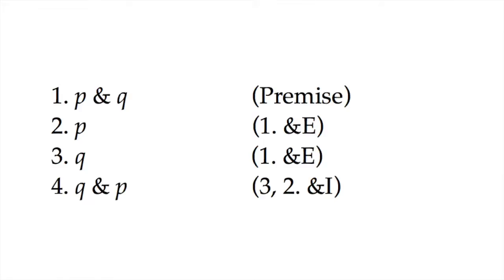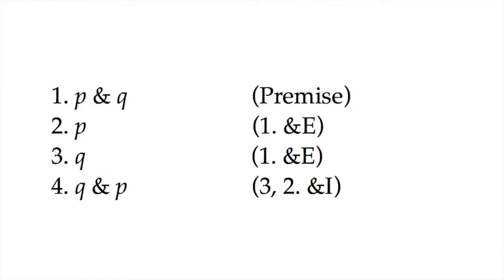Look at the parentheses on the right-hand side. It says 1, and then it says and E. That E stands for elimination. In other words, I have used the and elimination rule on line 1.